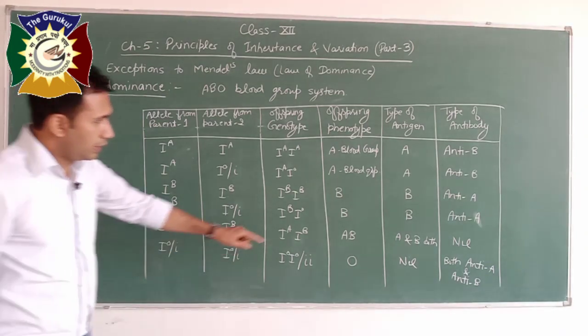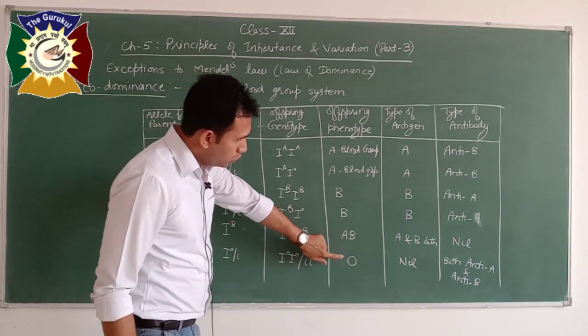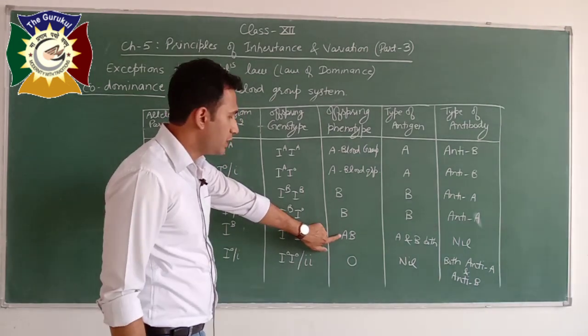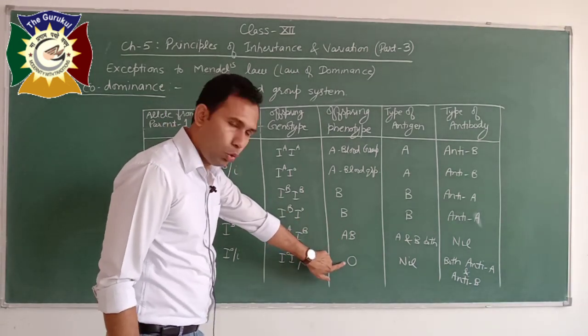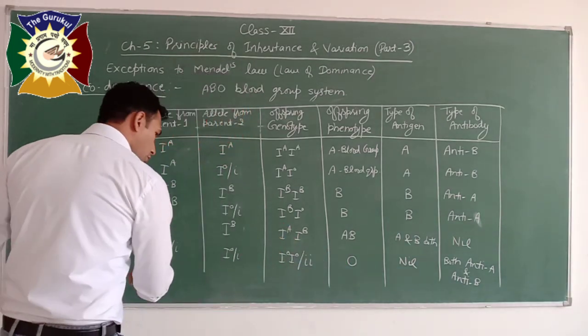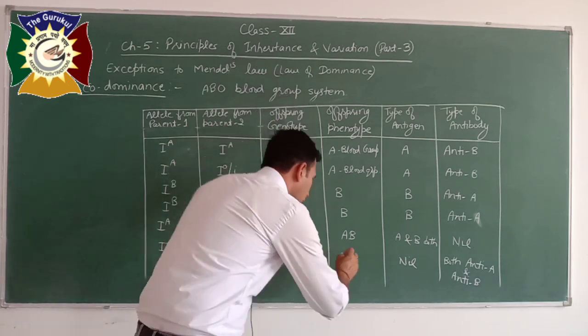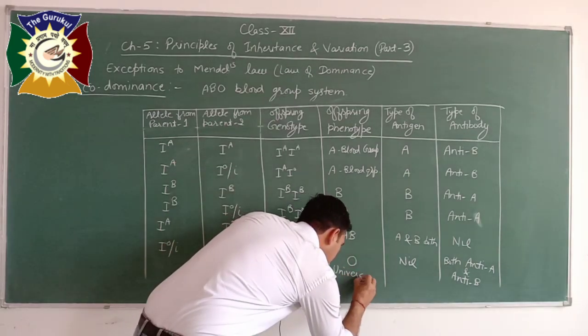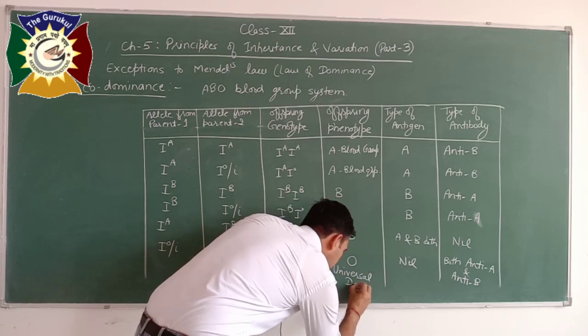Now, a question may be asked from these two, that AB is also called the universal recipient, while O is also called the universal donor. So I am going to write it here. So this is universal donor.